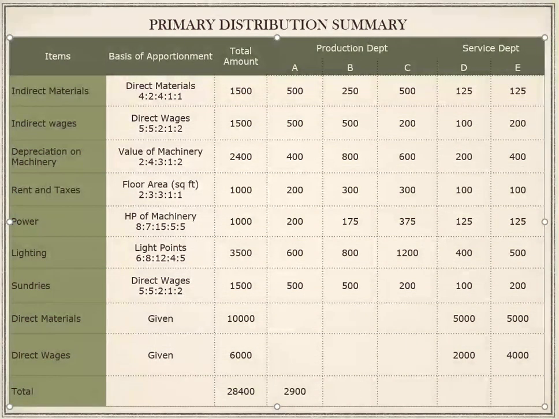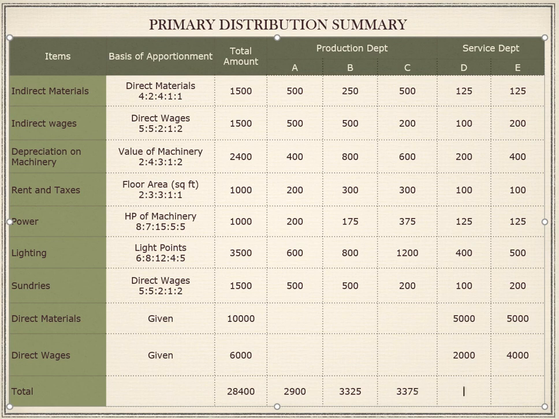Next, with respect to department B, it is 250 plus 500 plus 800 plus 300 plus 175 plus 800 plus 500. It is 3,325. Right. Next one is department C. It is 500 plus 200 plus 600 plus 300 plus 375 plus 1,200 plus 200. It is 3,375.